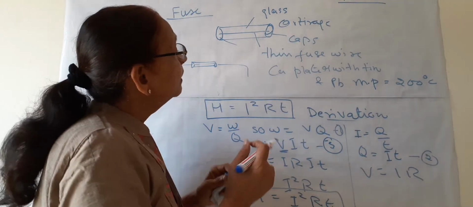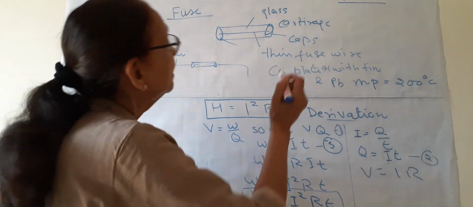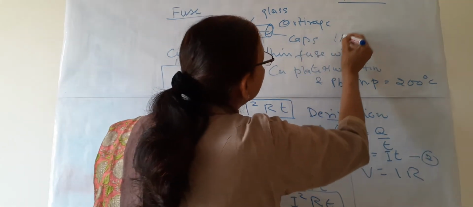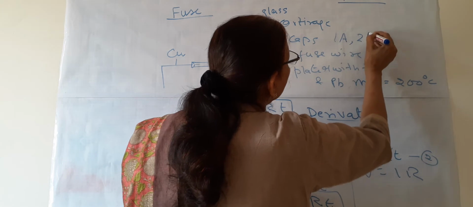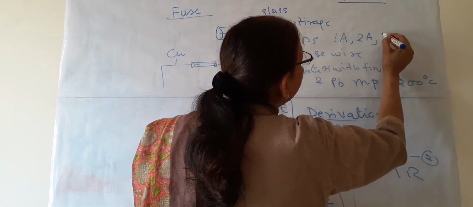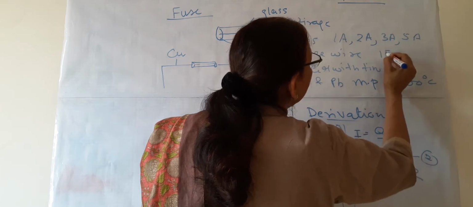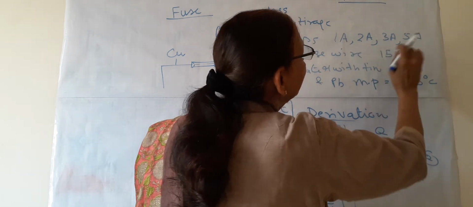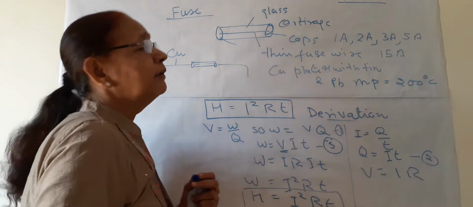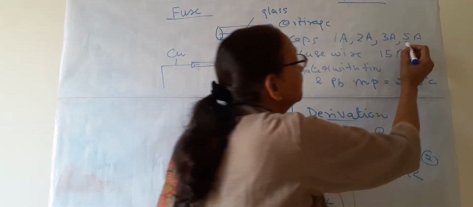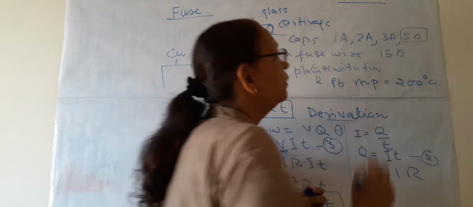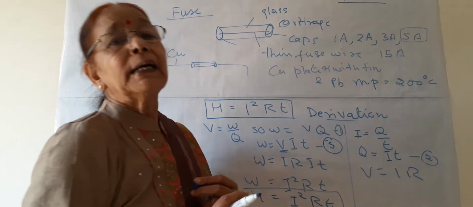So in this way these fuses are used, and in our domestic circuit, fuses of different ratings are there, 5 ampere, 15 ampere, and they are used as per our need. Suppose one gadget uses 5 ampere current.